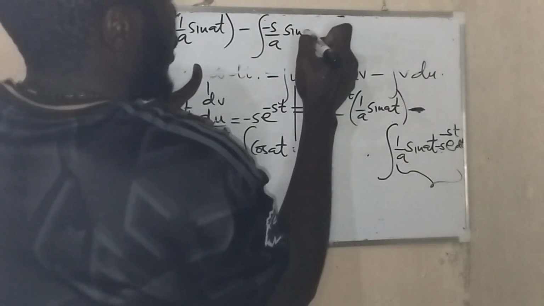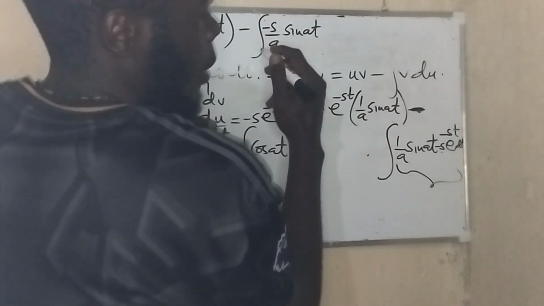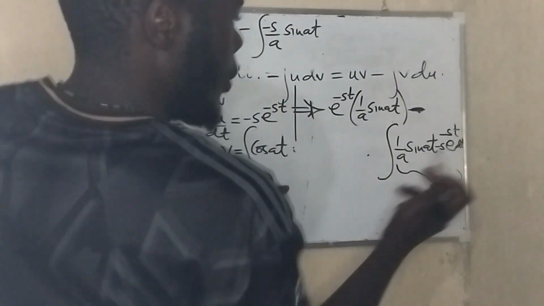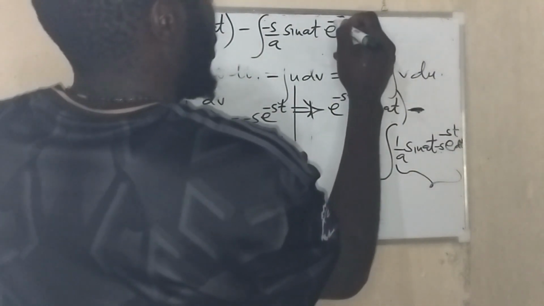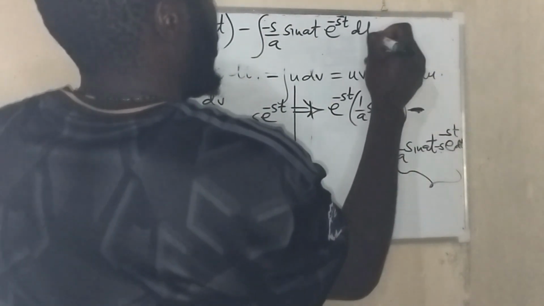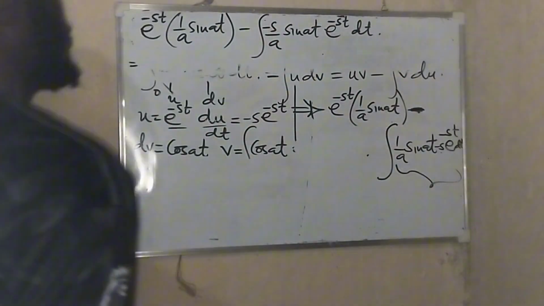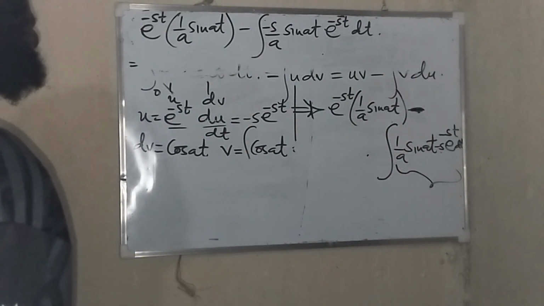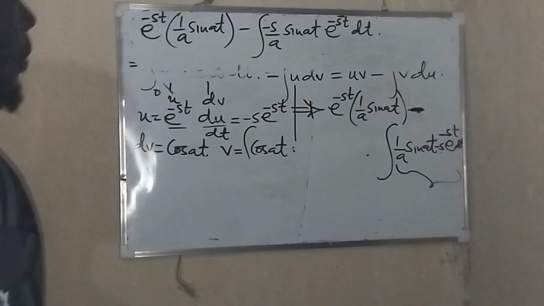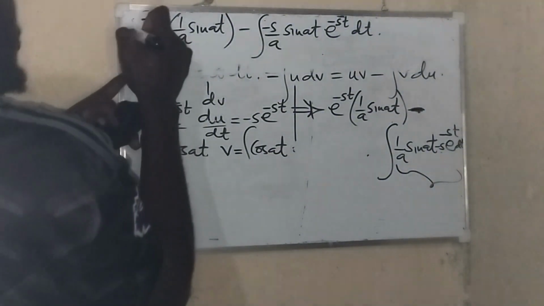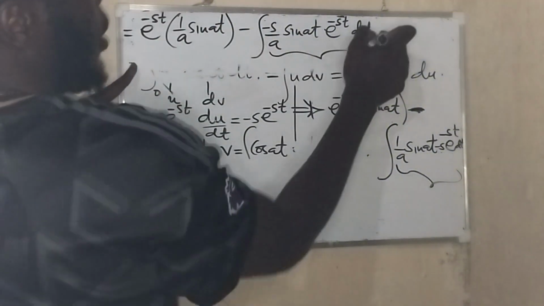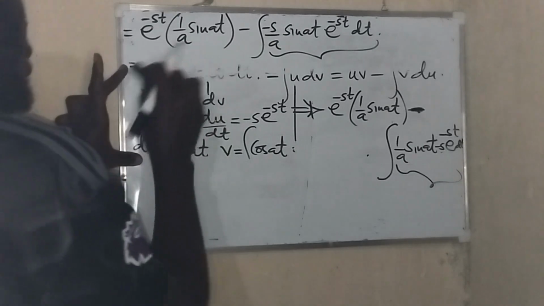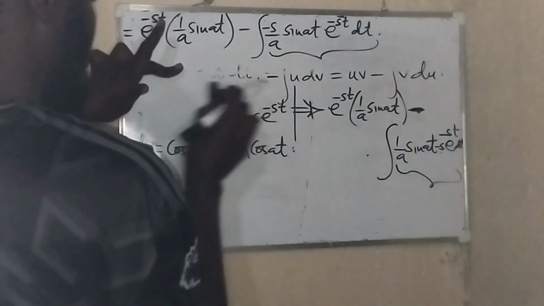We have sine at, then we have exponential negative st dt. So we integrate this part using integration by parts.